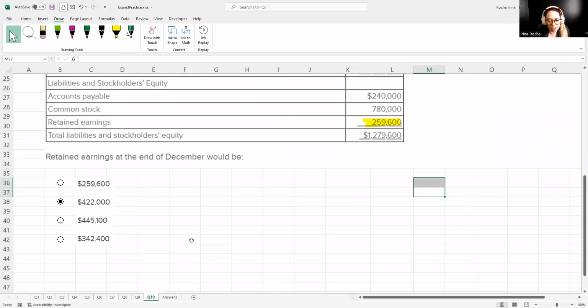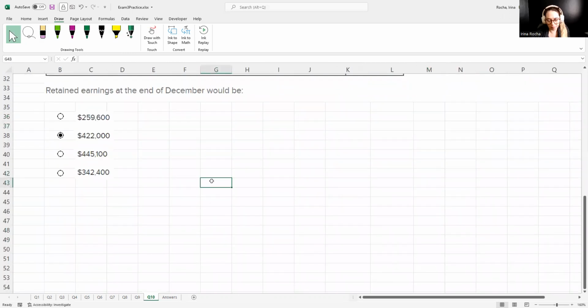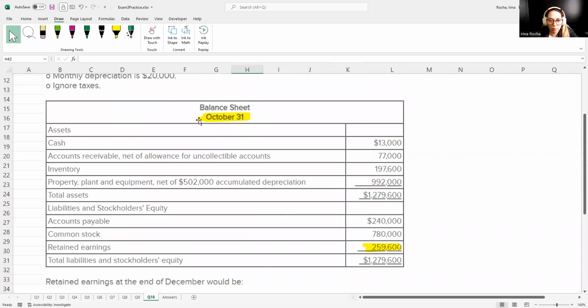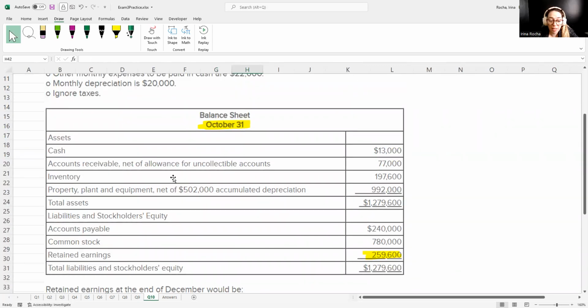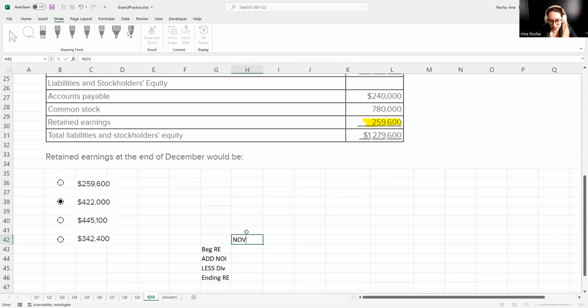If you remember, for retained earnings, we do beginning retained earnings, and then we add net operating income or net income, and we do less dividends, and we are going to have our ending retained earnings, right? The ending retained earnings of October is the beginning retained earnings for November. So we just need to work with 2 months, November and December.